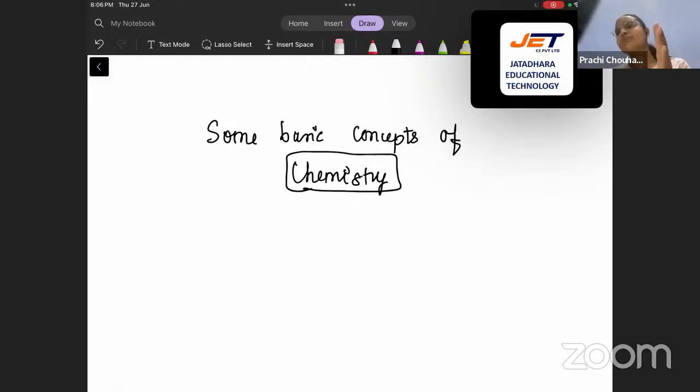So we have to relate this subject to the things that are happening around us so that you get a better understanding of how whatever you are learning in your textbook is related to the outside world. So yes, it is very important to know why we are learning this subject, which is chemistry.